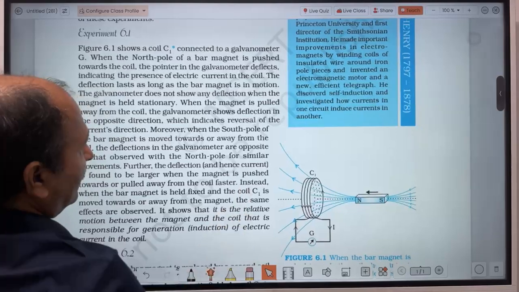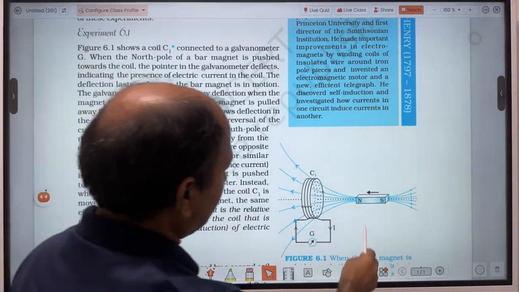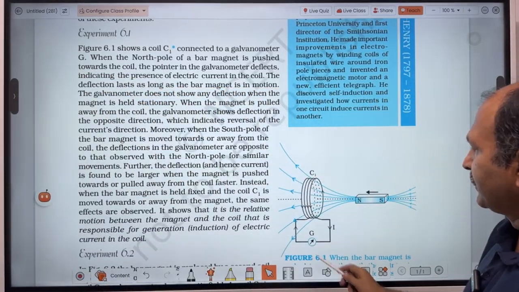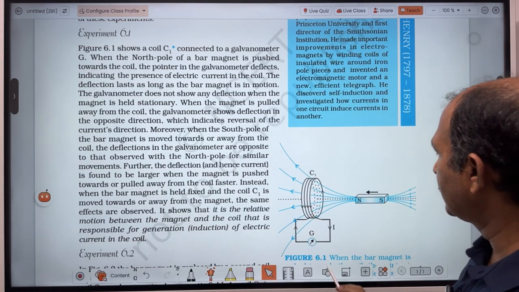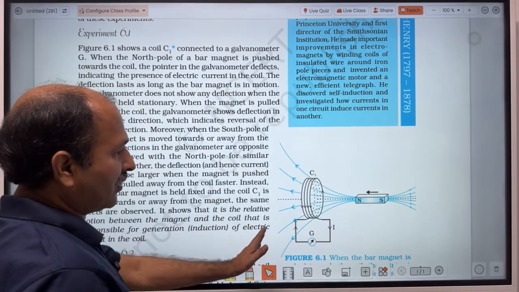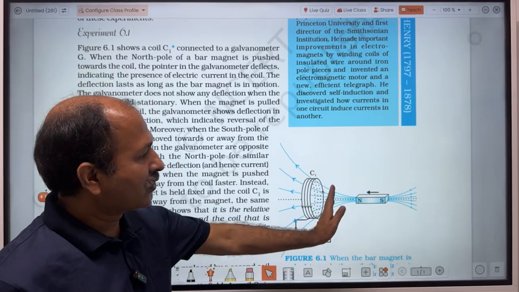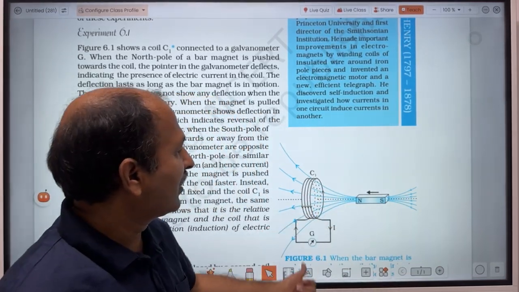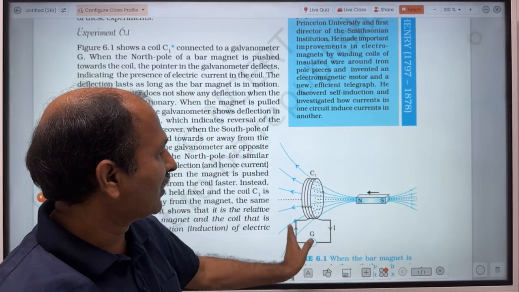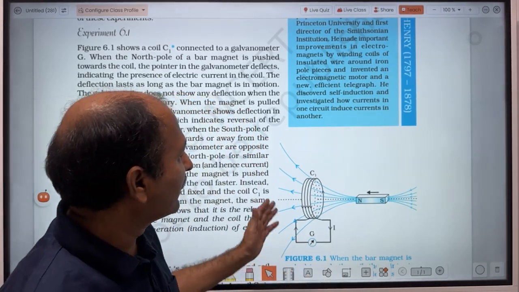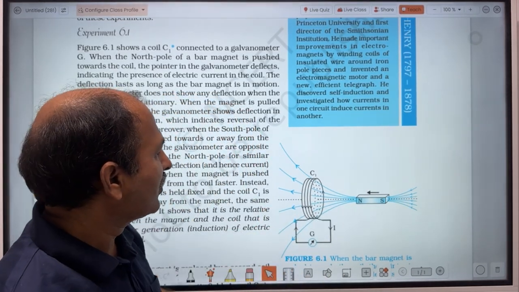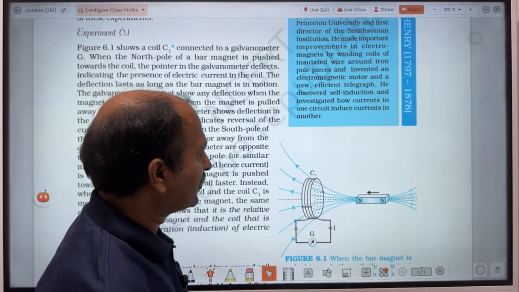coils. First was one in which there was a single coil. Here there is a galvanometer. When a magnet is brought closer to the coil, this galvanometer showed deflection. Now when he took the magnet away, again there was deflection in the galvanometer, but in a different direction. So he concluded that whenever there is relative motion, it can be the other way around also.